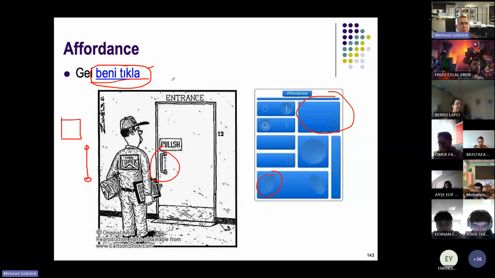So if you see somebody in United States pushing the door and trying to get inside, you can conclude that he or she is European or Turkish, because push doors are more common in this area.